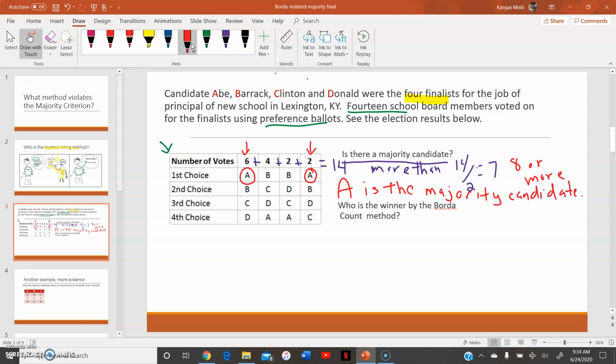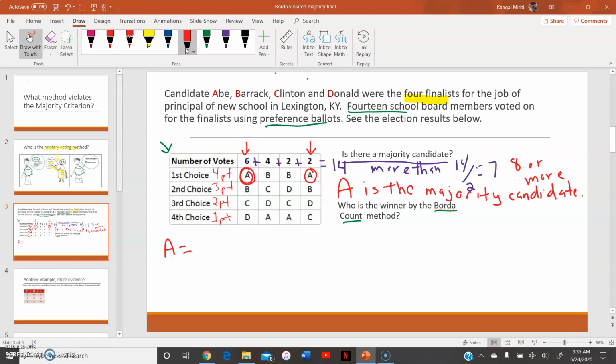So let's suppose that we decide the winner of this election using the Borda count method. So recall that for the Borda count method, the lowest choice gets 1 point, and the next choice up 2 points, and the next choice 3, and then the highest points for this one would be 4. So let's look at how many Borda count points A would get.